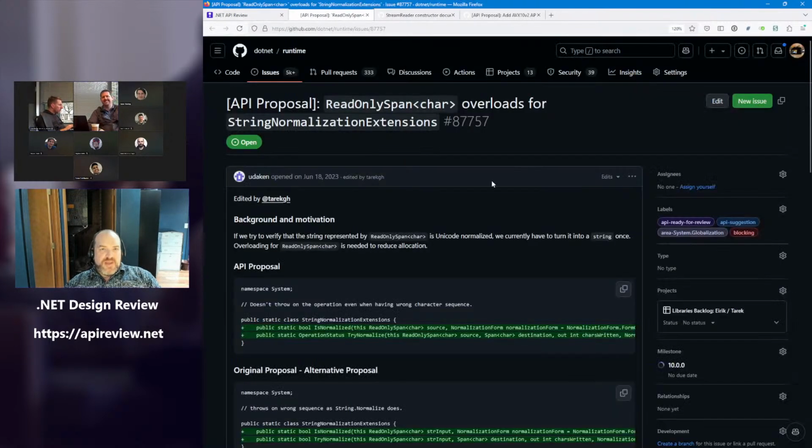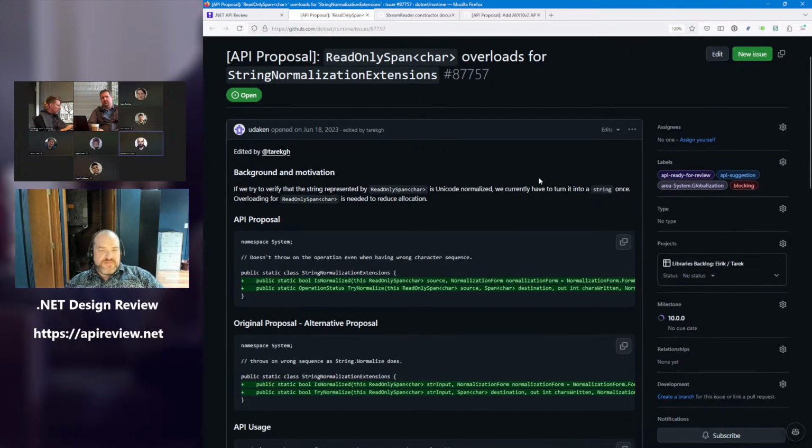All right. Next up, read-only span of char overloads for string normalization extensions, 87757. Yes. So today we have string dot normalize and string dot is normalized.